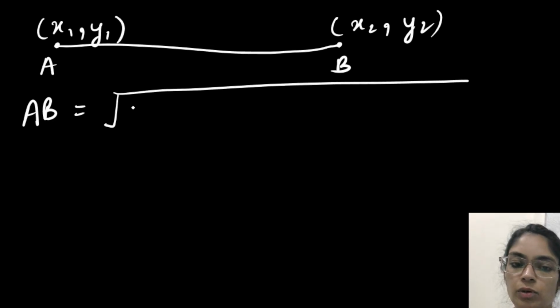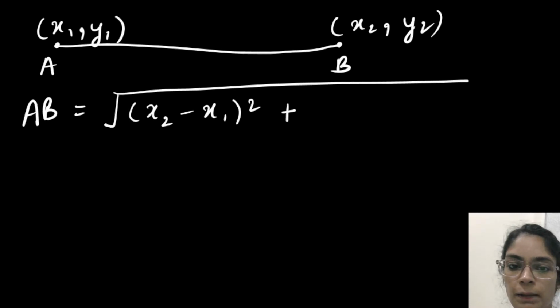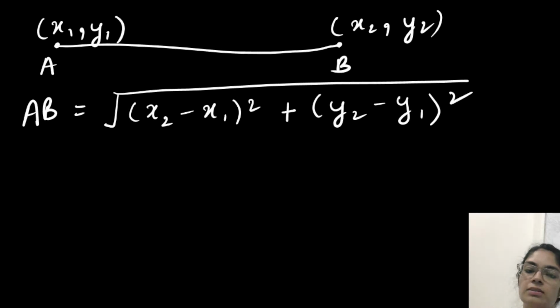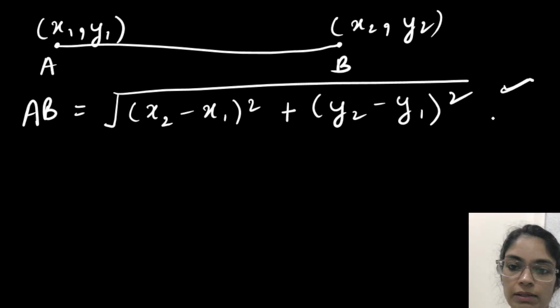What is the distance formula? Square root of (x2 minus x1) whole square plus (y2 minus y1) whole square. This is the distance formula for the distance between 2 points, whenever we have to find it.